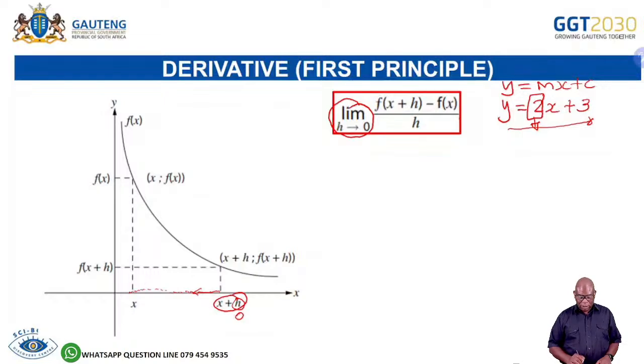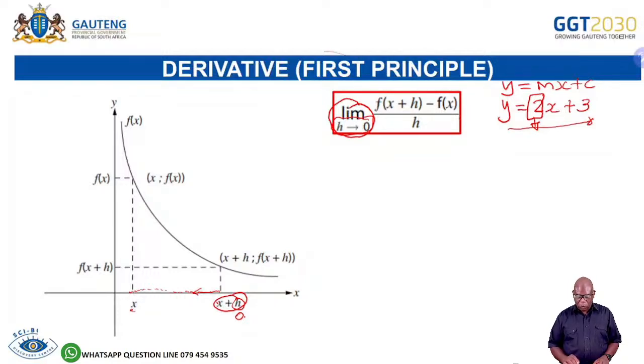Because if h is 0, then we've got x plus 0, which is x. So that is why we want to move the h to 0, so that we get the average gradient of that line at a certain point. So this is the formula that we use when we want to find the gradient at a certain point.